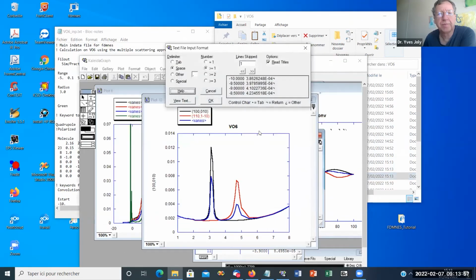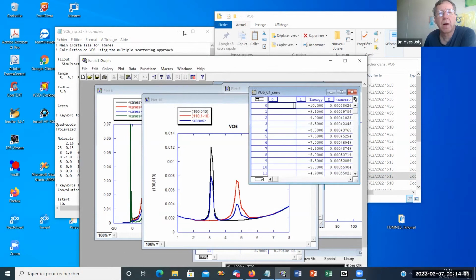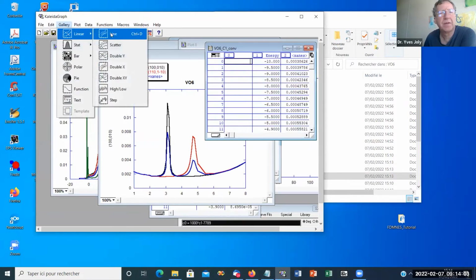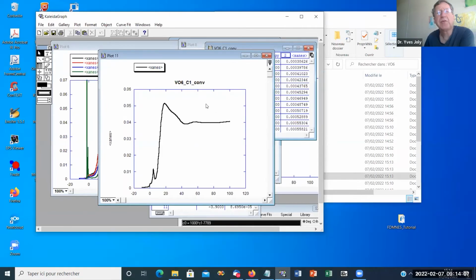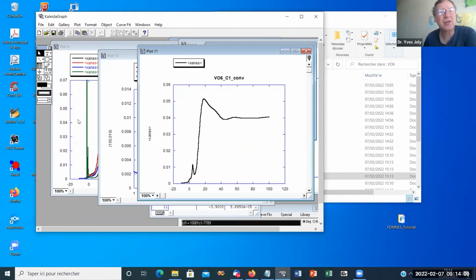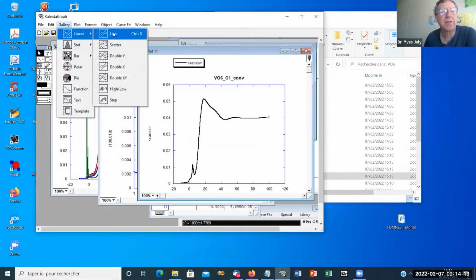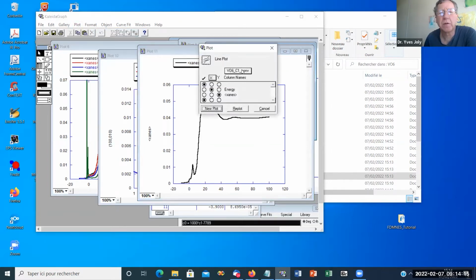It's here. I plot. And we see that my distortion was maybe a bit too much. I can compare with the other vanadium. Versus.